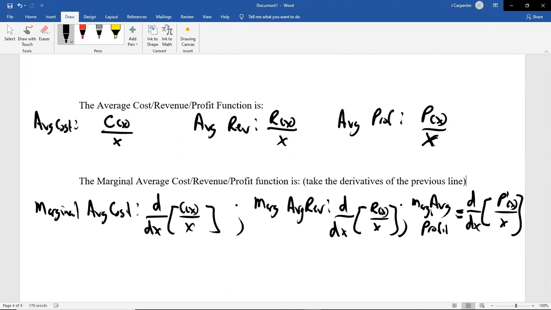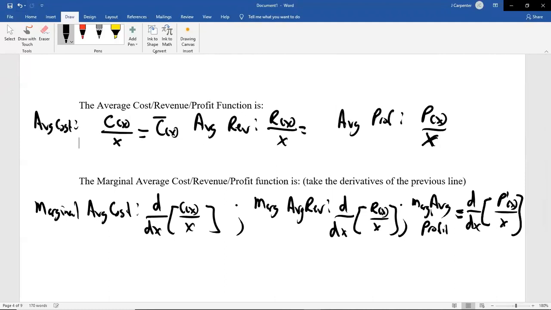These are often represented with bars. So your average cost, C over x, is generally called C bar. So it'll look like this.